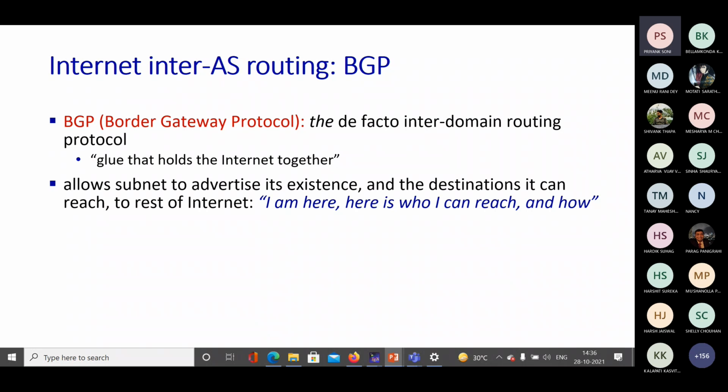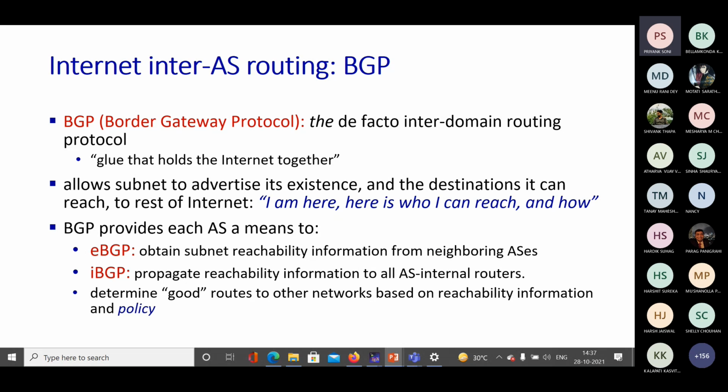So what BGP allows is that it allows the subnets to advertise their own existence, and also the destinations that are reachable within that subnet. So the subnet is telling about its existence and also about the hosts connected to it. This information is communicated to the rest of the internet, and how that is done we will see.